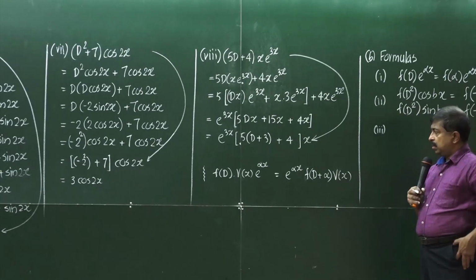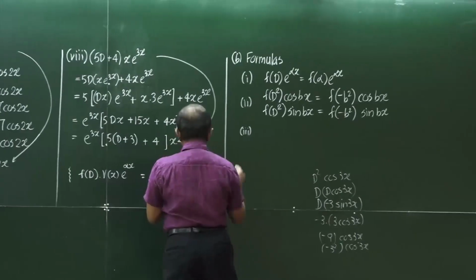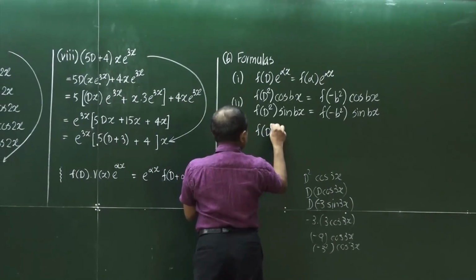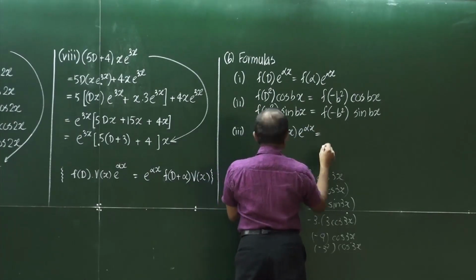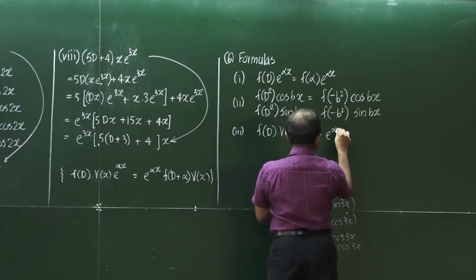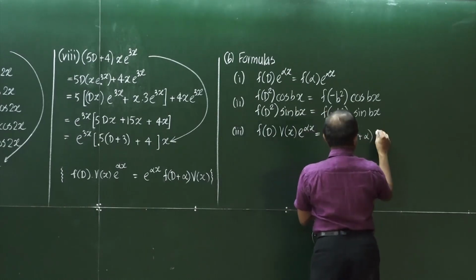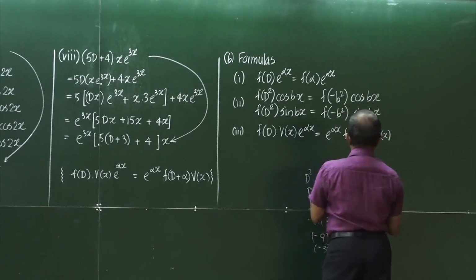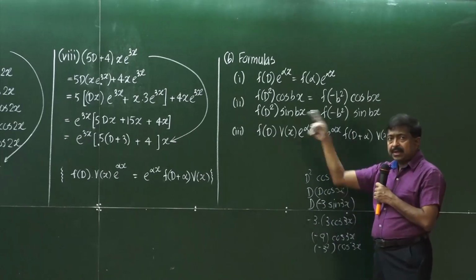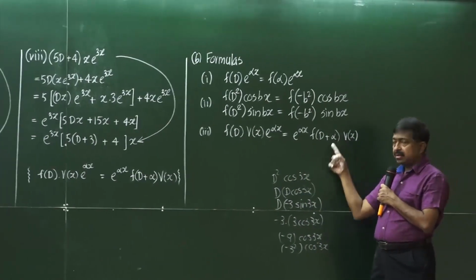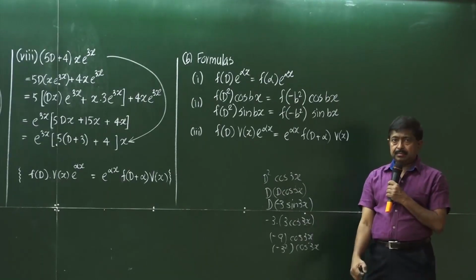Right? So there is another formula. Don't take this down here, but I'll list it here. This is usually rarely used, but you can sometimes use it. Now look, what happens is that you can pull out e to the power alpha x, but in the meantime, you have to change the function accordingly. How? D should be replaced by D plus alpha. Okay.